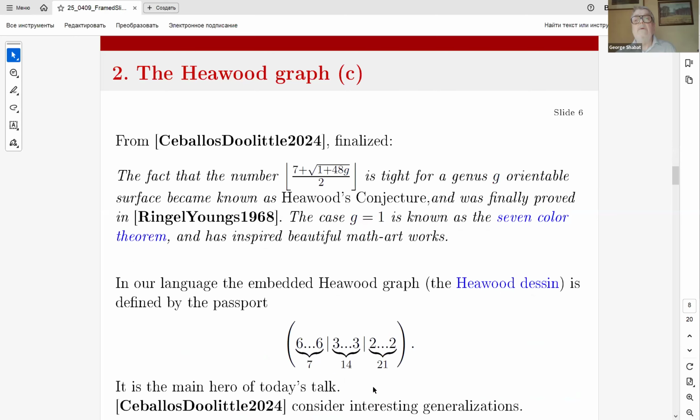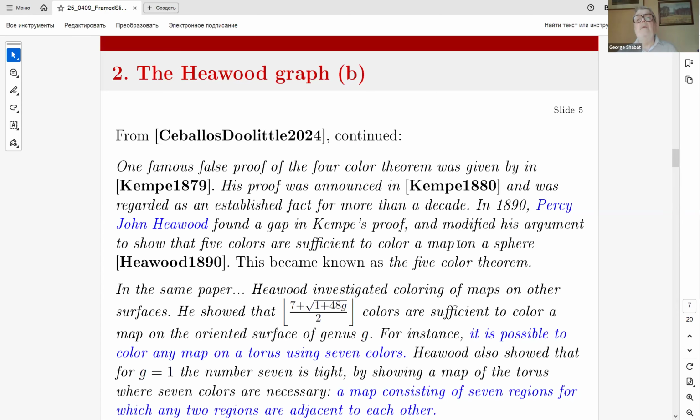Is it correct? Yes, and sorry, I don't remember when it is time, maybe just now, to say a couple of words about this very recent paper. I know nothing about the authors, but the main content of this paper is a kind of generalization of the Heawood graph.